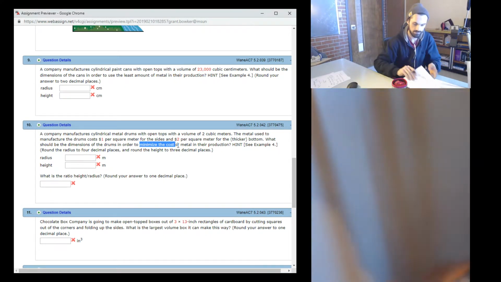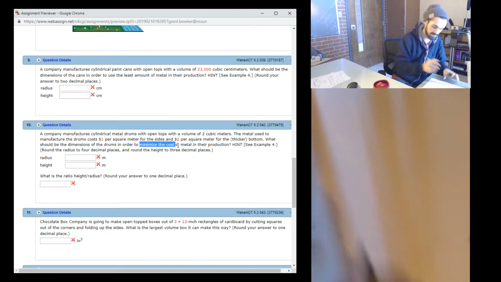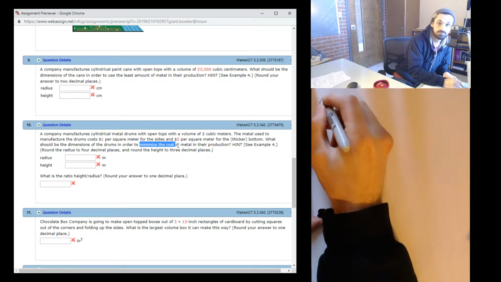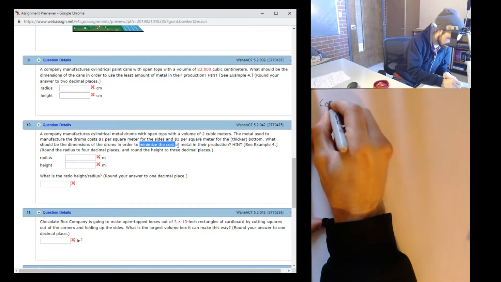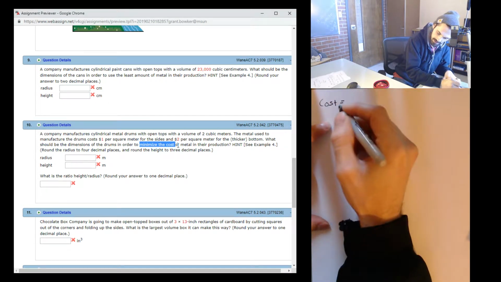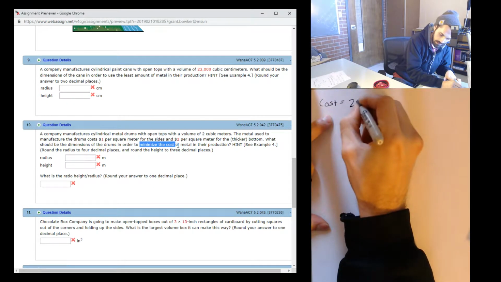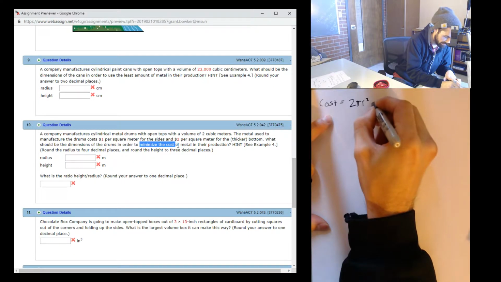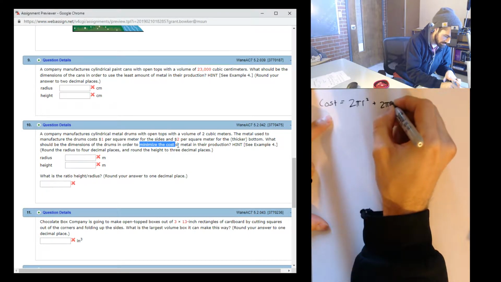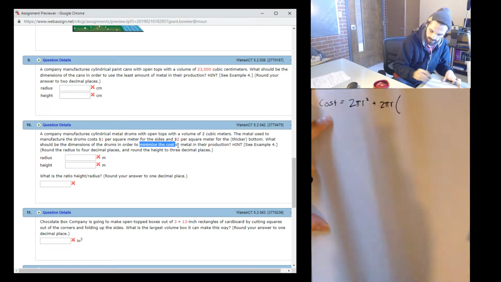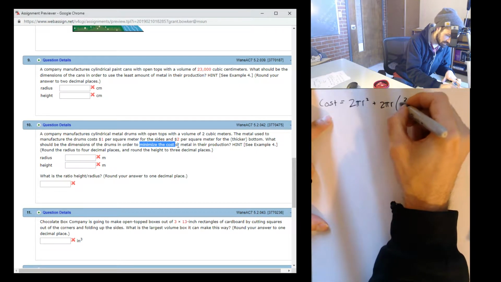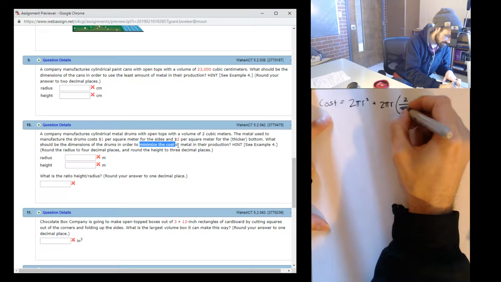So the cost equation now looks like 2 pi r squared plus 2 pi r being multiplied by h, which is now 2 over pi r squared.